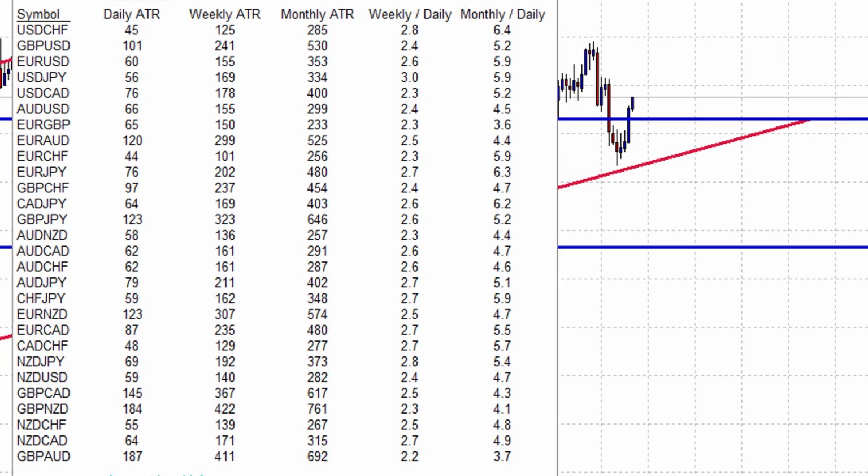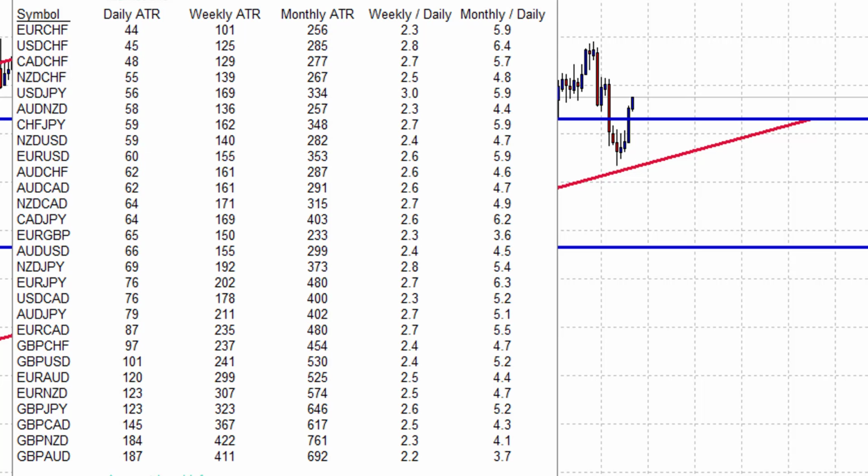What is also quite critical that I didn't mention before is the importance of stops and target sizes. This table tells you which currencies you can have big stops and big targets, and which currencies you need to go for smaller stops and smaller targets. Because it's really pointless going for a 300 pip target on the USD franc if on a monthly basis the average true range is only 280.